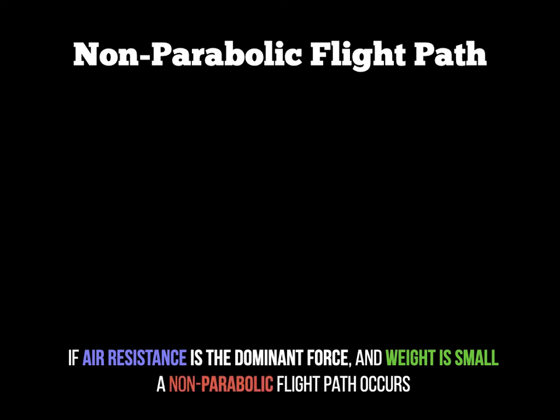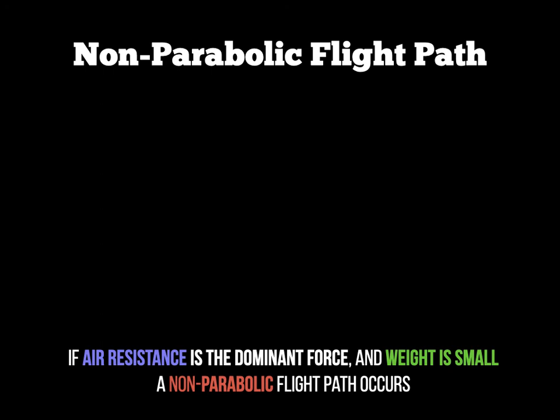Basically, a non-parabolic flight path is any shape of flight path that doesn't look like the parabola I've already shown you. So it can look like a variety of shapes. Anything that doesn't look like the parabola is technically a non-parabolic flight path.